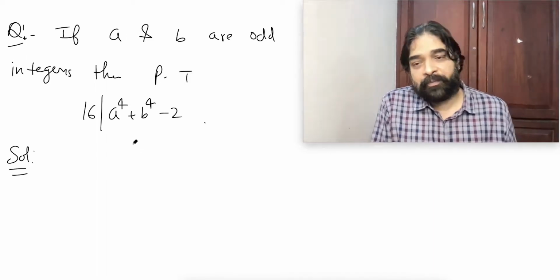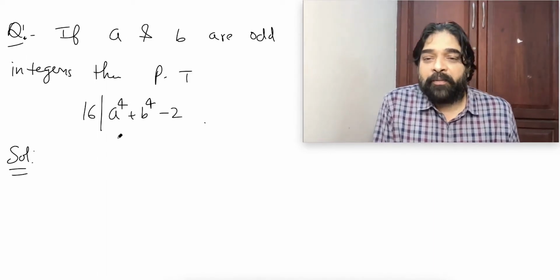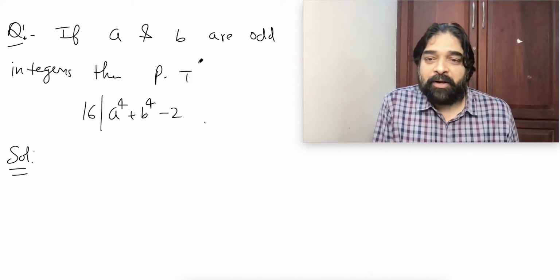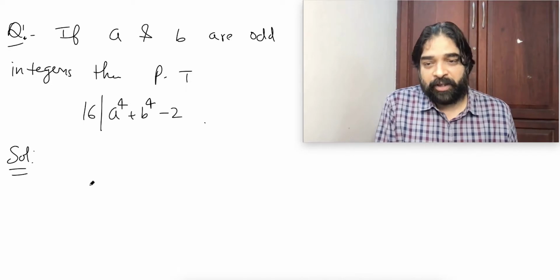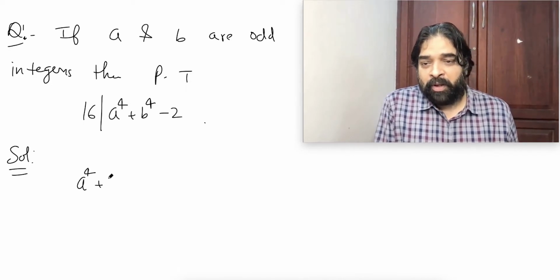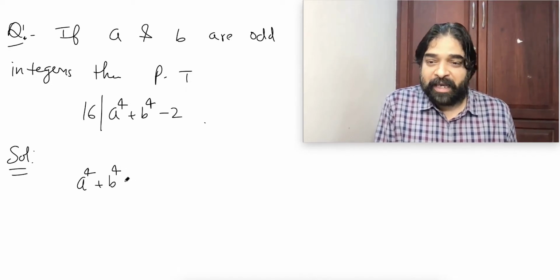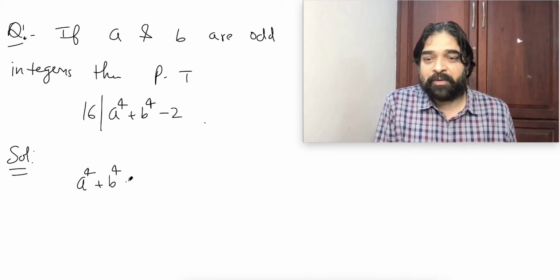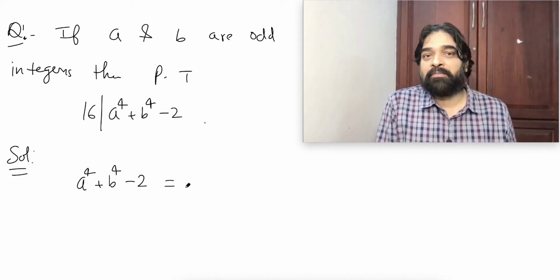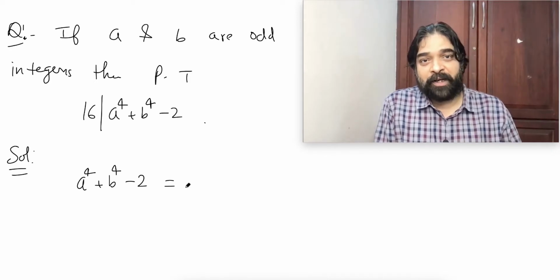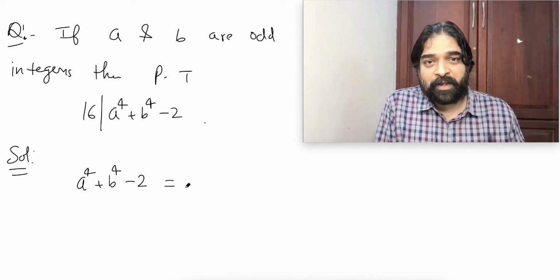Let's do it. We have to prove 16 divides this, where a and b are odd integers. Oh, if I can bring a square and b square, I will be very happy. Why? Because I know if a is an odd integer, a square can be written as 8 into m1 plus 1.